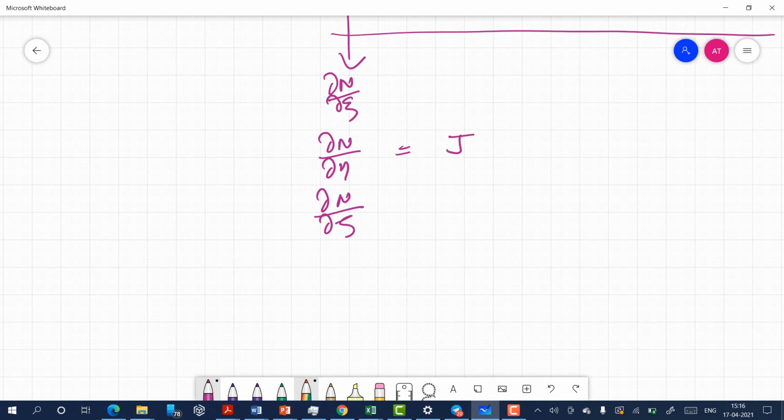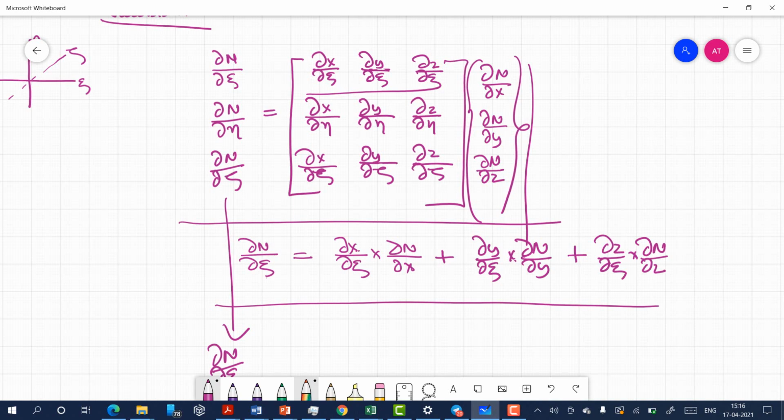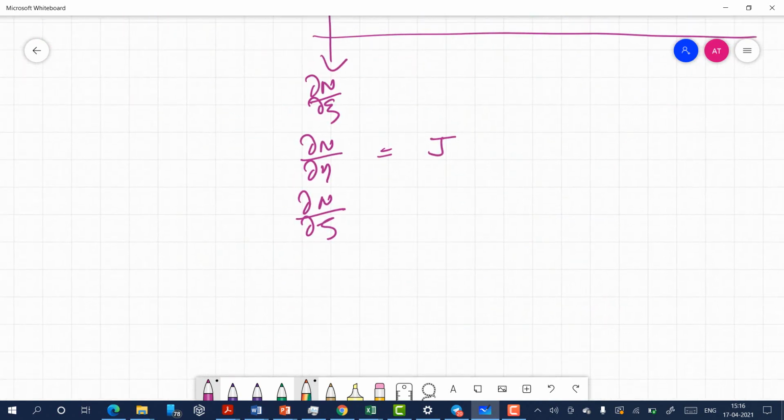and this matrix, which is 3 by 3 here in 3 dimension, is the Jacobian matrix. So that is my Jacobian into del n by del x, del n by del y, and del n by del z.